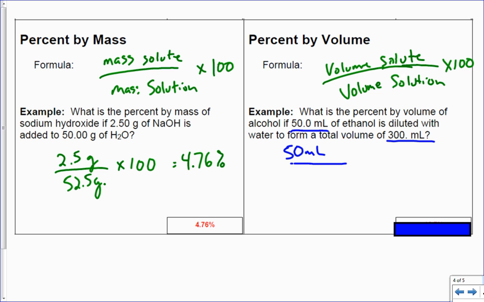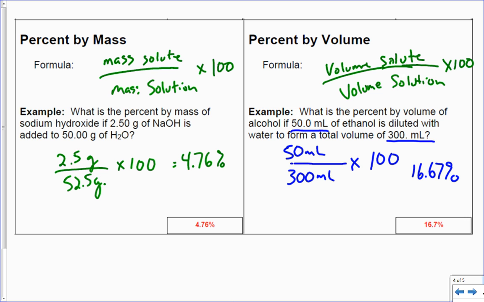That's what I need, is the total. So now it's 50 divided by 300, equals, times 100, equals 16.67%. We can call it 16.7 if you want. Beautiful. 16.7%.